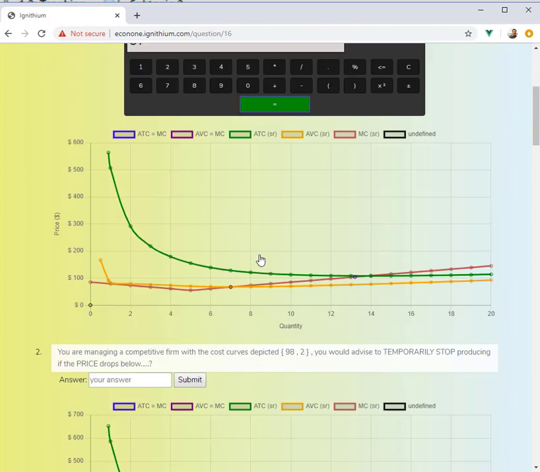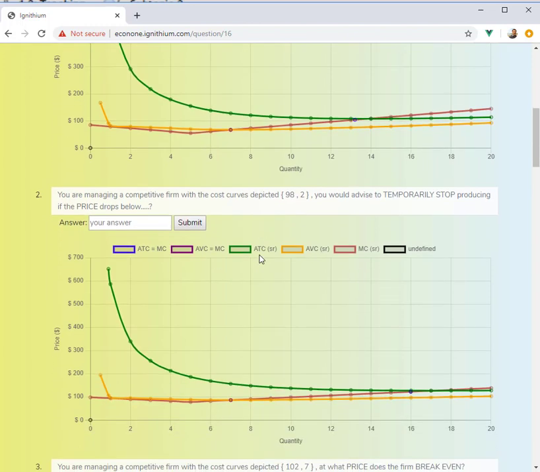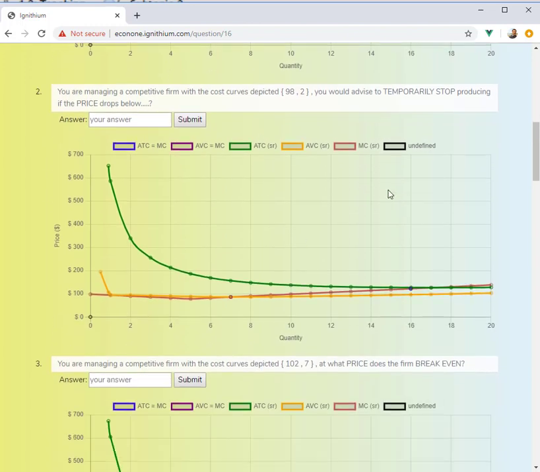Okay. And this question again is just another way of talking about the definition of what it means for a firm to shut down. Remember, that's temporarily stopping production. And so this is again about the shutdown rule.